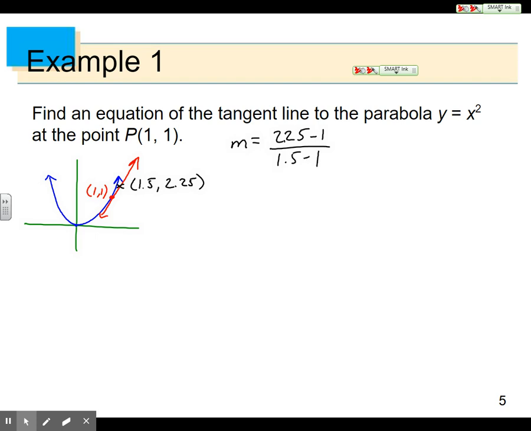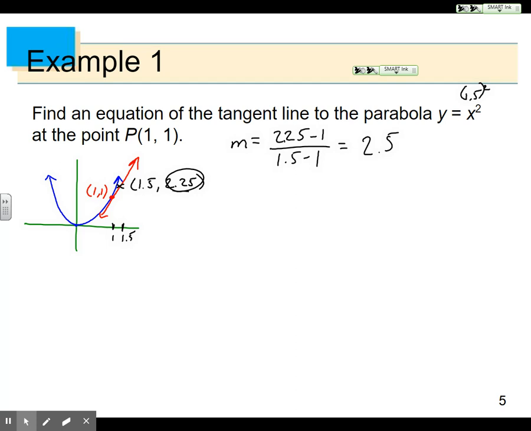Just a general idea of what I did here: I chose this 1.5 at random because it was close to this 1. And to figure out what this function value was going to be, to get this 2.25, I just plugged 1.5 into my function, and it gave me 1.5 squared, and that's my y value there. Whenever I worked this out, I got the slope to be 2.5.